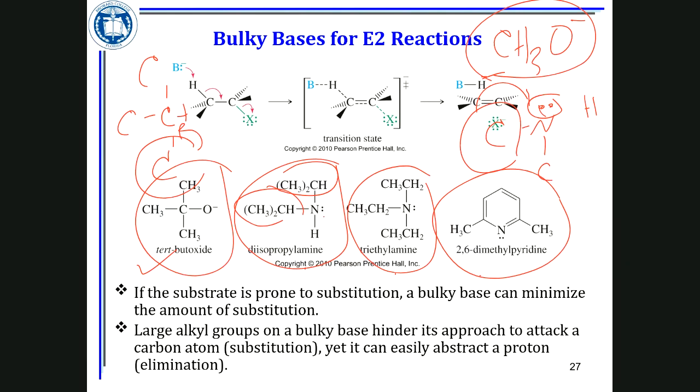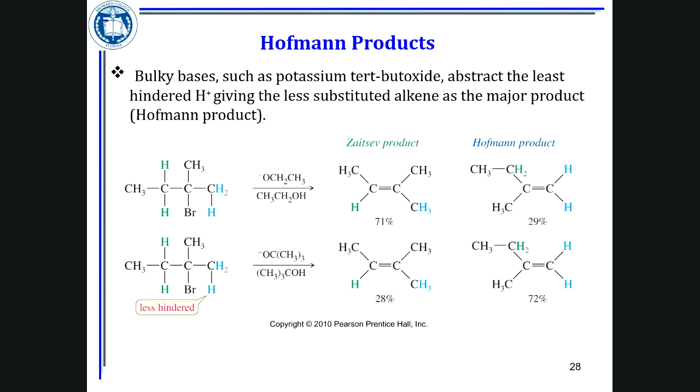That's the benefit of it. So a bulky base is only used if you have to make a primary or terminal alkene. That means the C=C bond is between carbon 1 and 2, or, looking at the molecule, the least substituted alkene in general. So it's not always the carbon-carbon double bond between carbon 1 and 2.